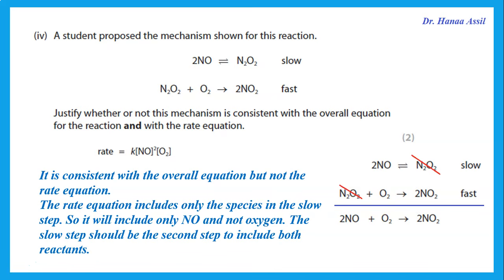So if it is this, then the second step should be the slow step. Then, when the second step is the slow step, we include the reactants of both the first and the second. So this is not agreeing with the rate equation.